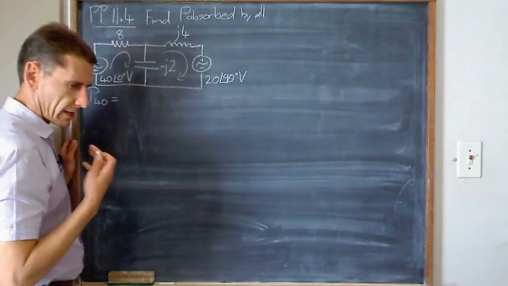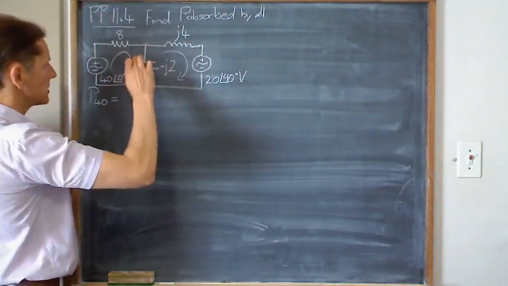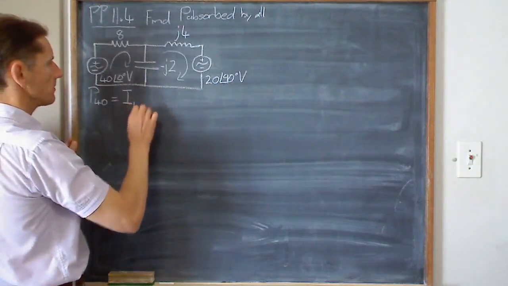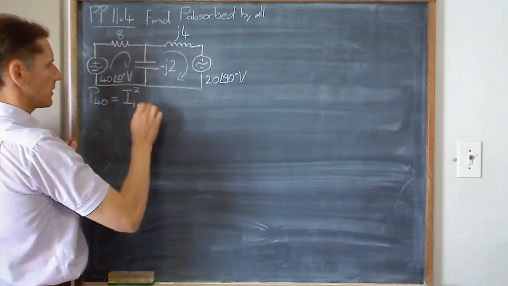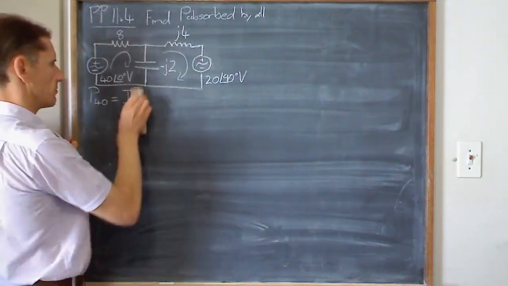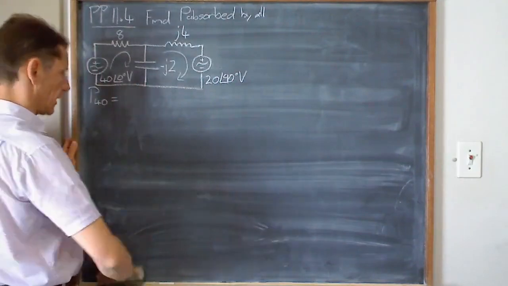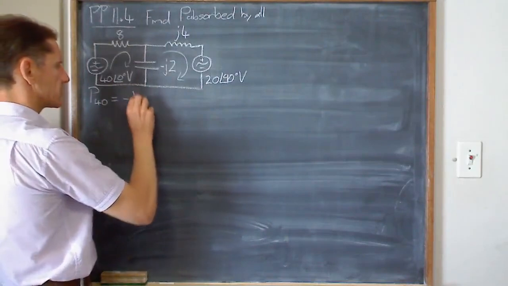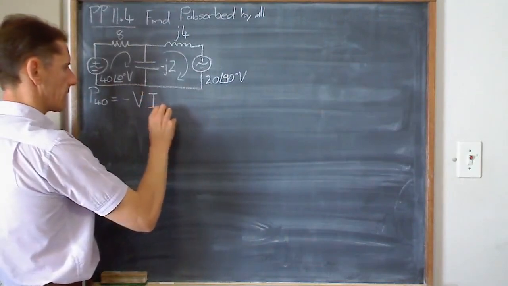Because we're calculating the power absorbed, the current goes in, so let's call that I1. Oh, we're busy with a VI here, sorry. My head is in the next part of the chapter already. So it's going to be minus VI.